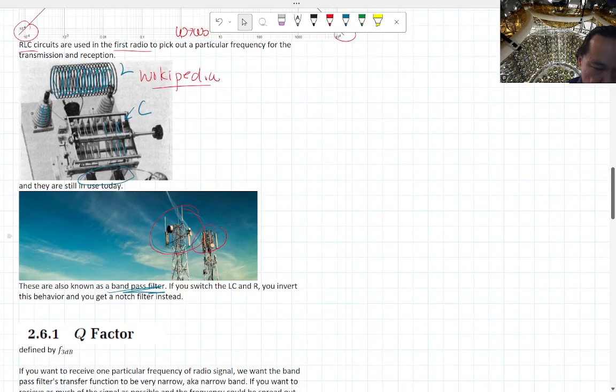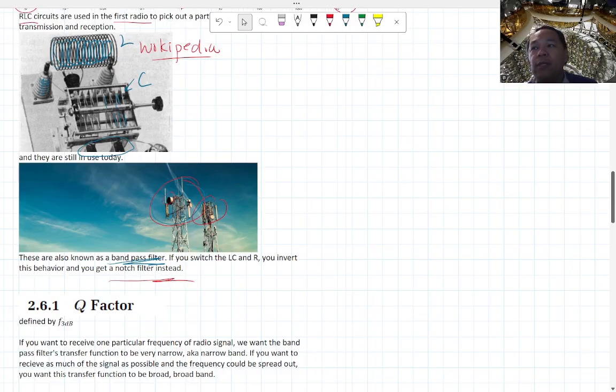You can send and receive signal of a particular frequency between your phone and your cell tower. Your Wi-Fi router has one of these, etc. All this wireless communication happens because you're able to pick out a particular frequency and therefore determine the amplitude of that frequency. And if you're using amplitude modulation, you'll be able to decipher the information being transferred back and forth.